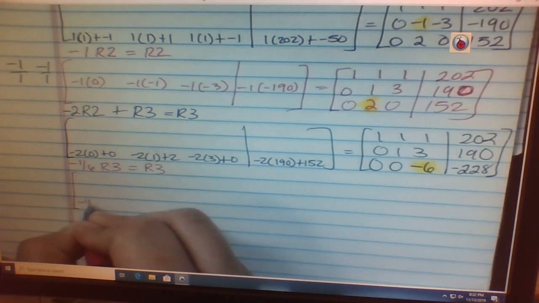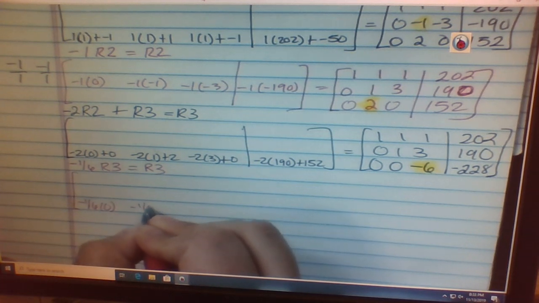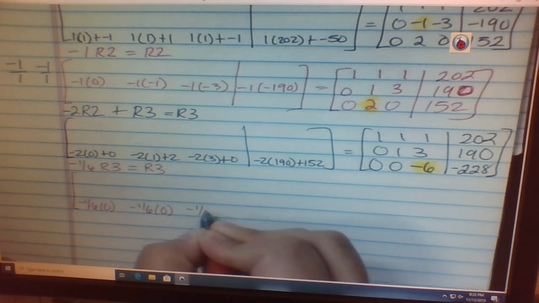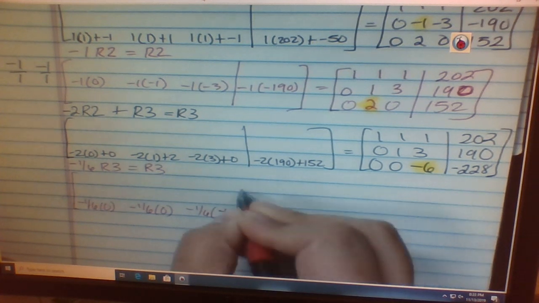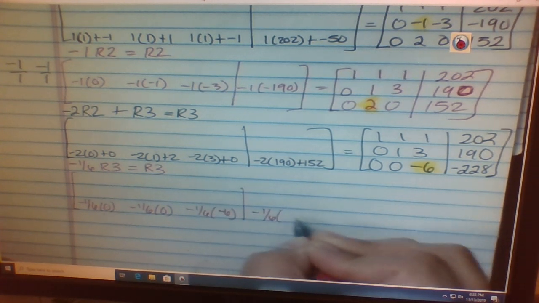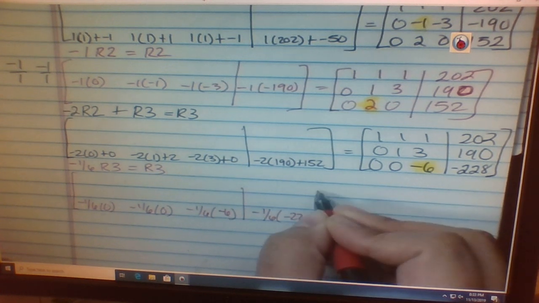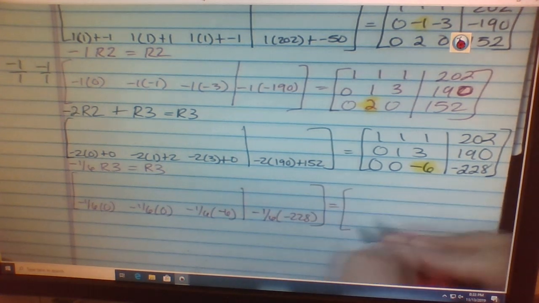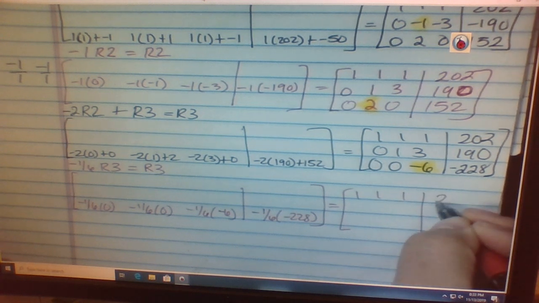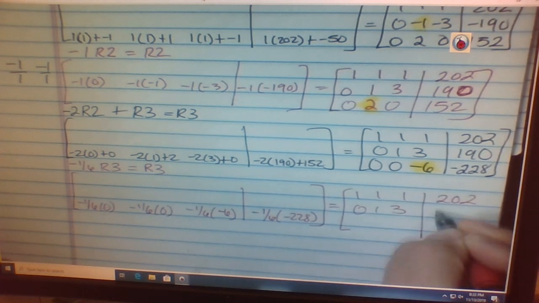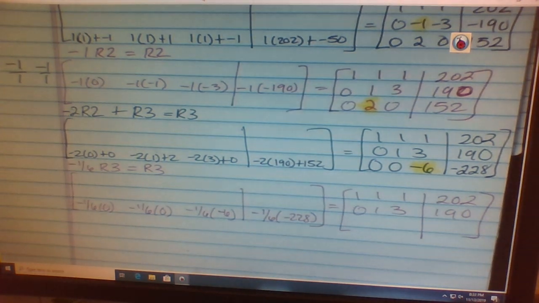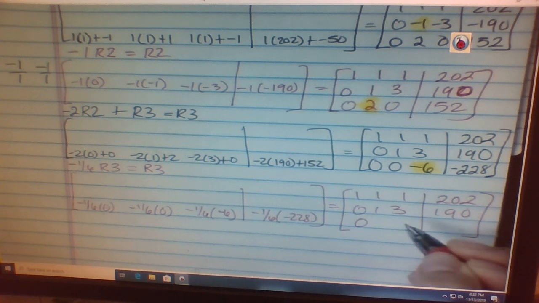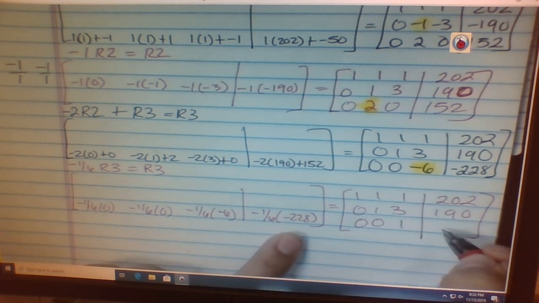So -1/6 times 0, -1/6 times 0, -1/6 times -6, and -1/6 times -228. That gives 0, 0, 1, and 38.